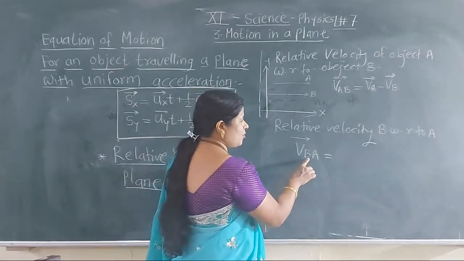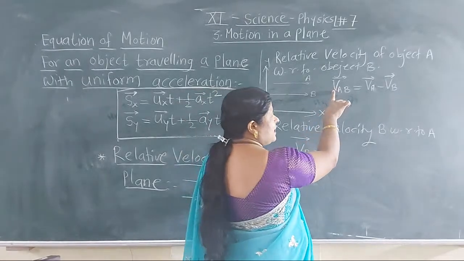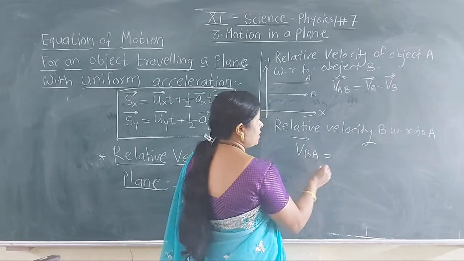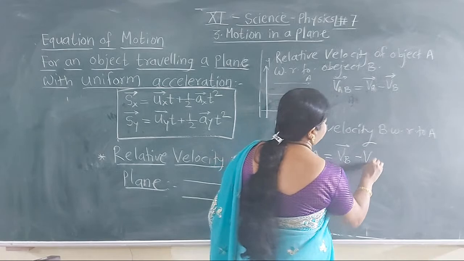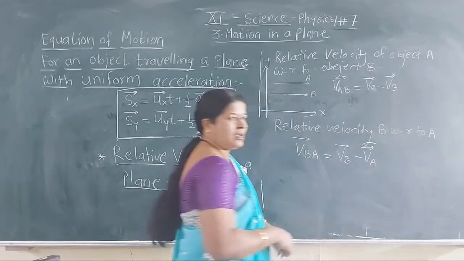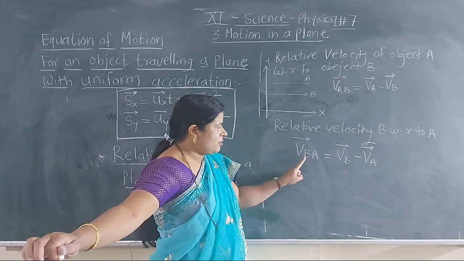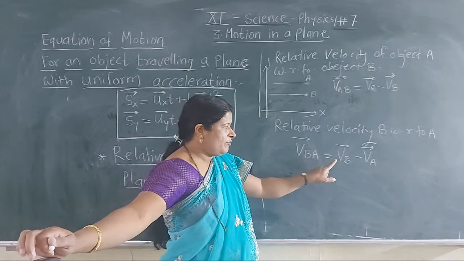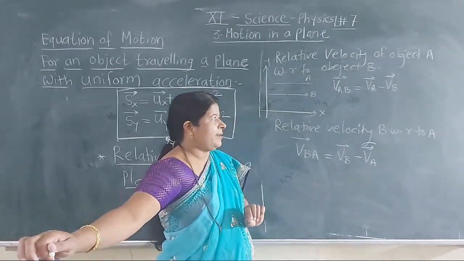Relative velocity of B with respect to A, and in the earlier case, the relative velocity of A with respect to B. Therefore, the formula becomes vector VB minus vector VA. Relative velocity of B with respect to A is equal to vector VB minus vector VA.